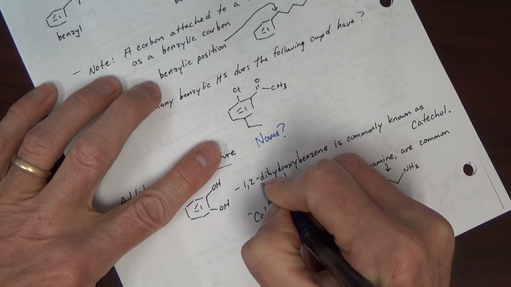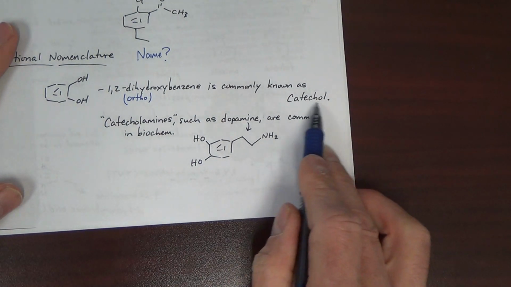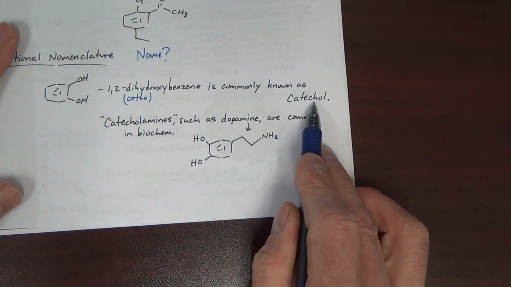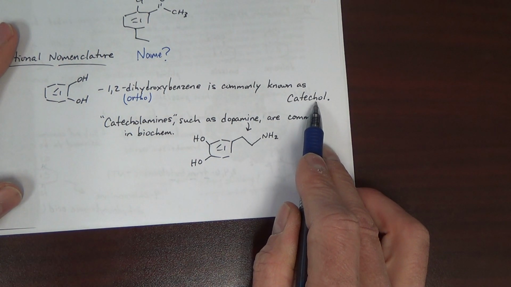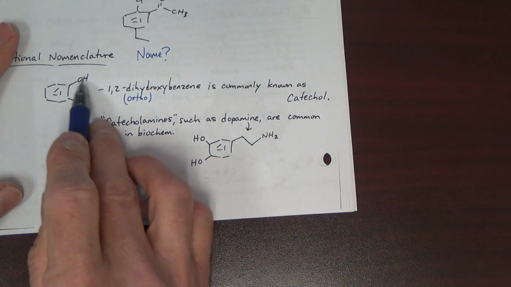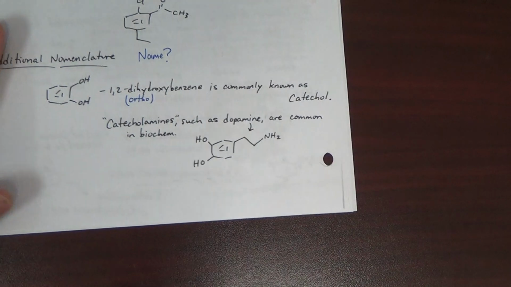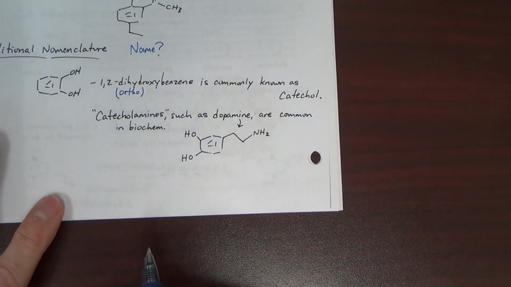An ortho relationship is known as catechol. It's catechol, not chol, but catechol. OL ending sort of because it's alcohols or phenols. Okay, so that's catechol, a common name.